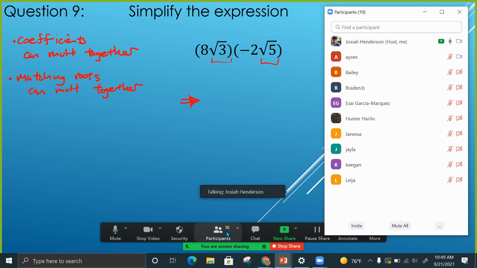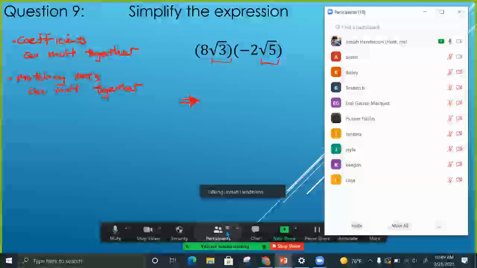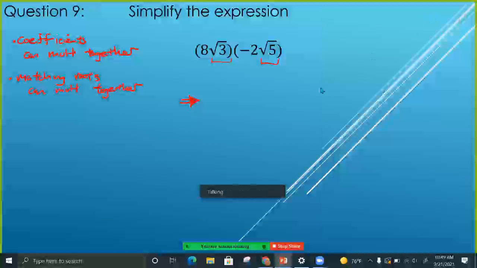All right, did anyone get 1 or 2 steps done of simplifying here that you'd be willing to share?